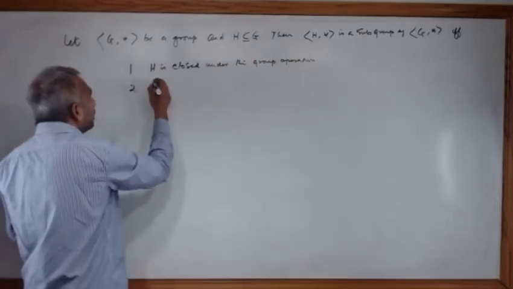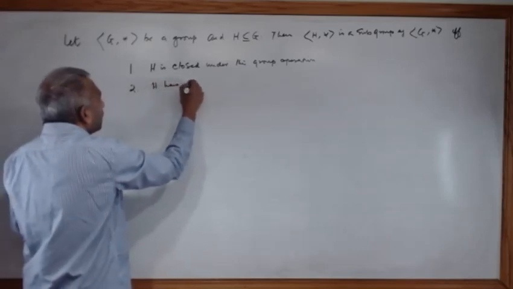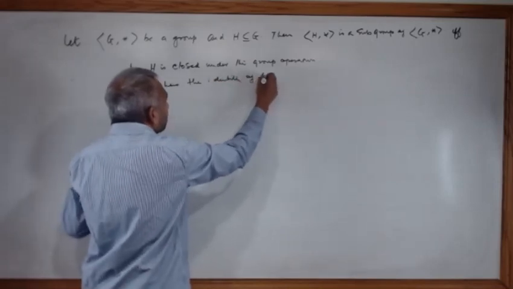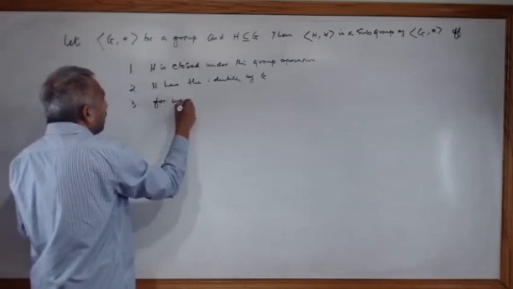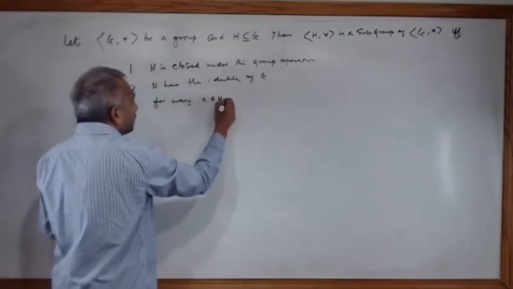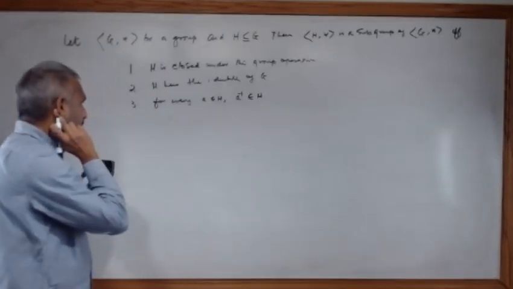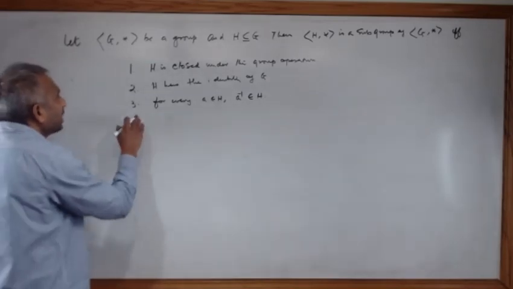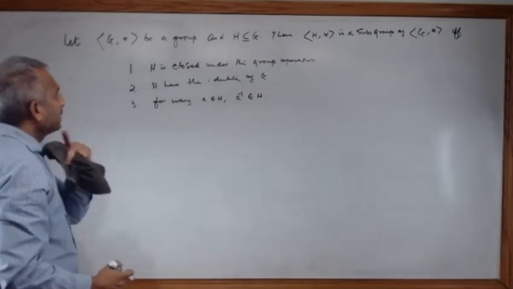Second, H has the identity of G. Third, for every a in H, a inverse also belongs to H. If these three conditions are satisfied, then H is a subgroup.